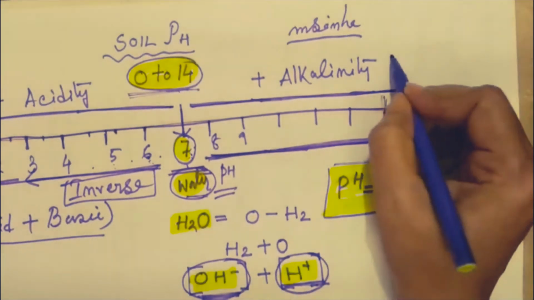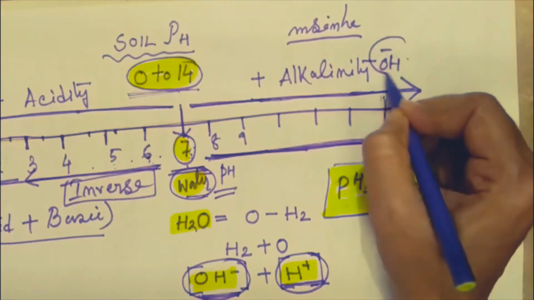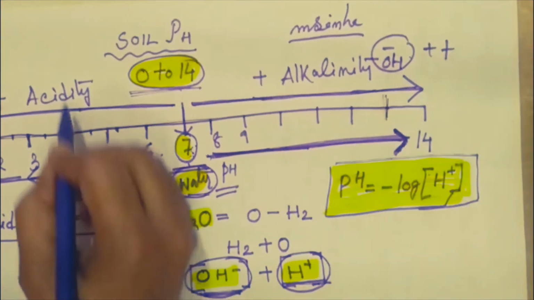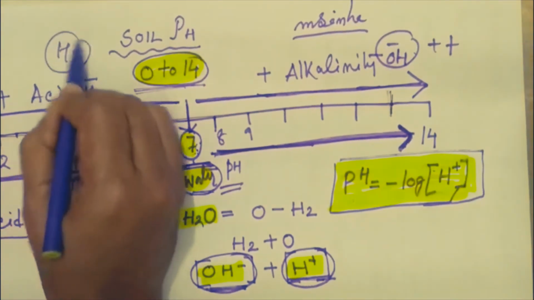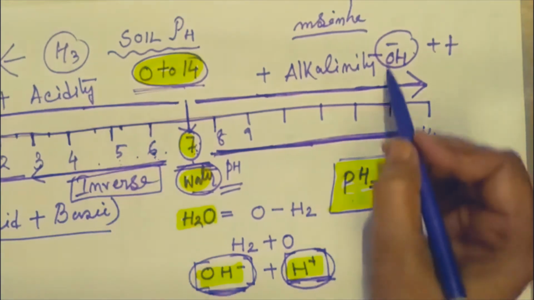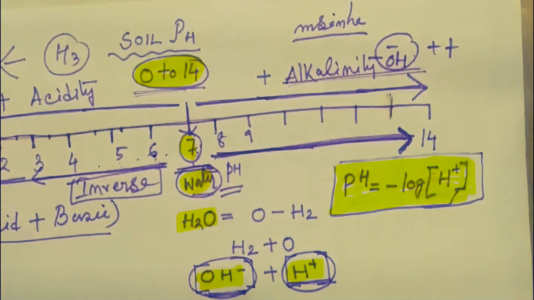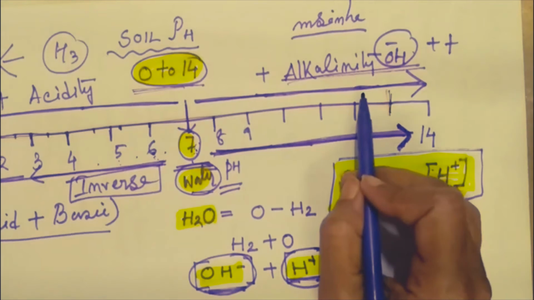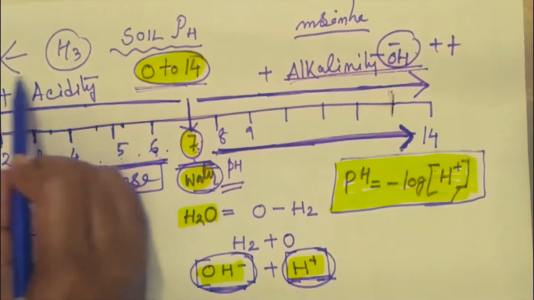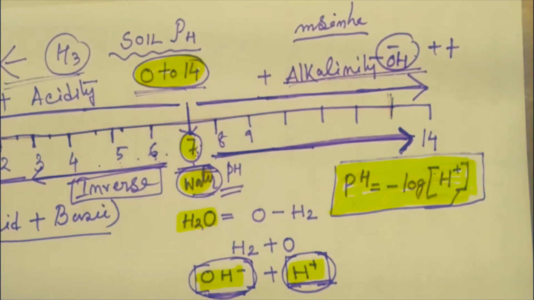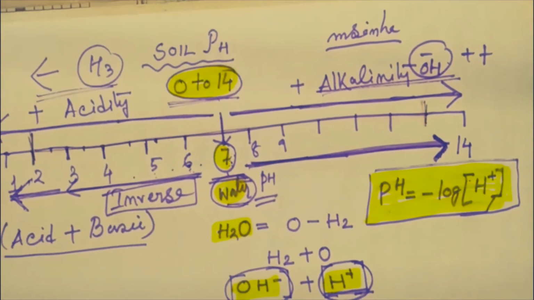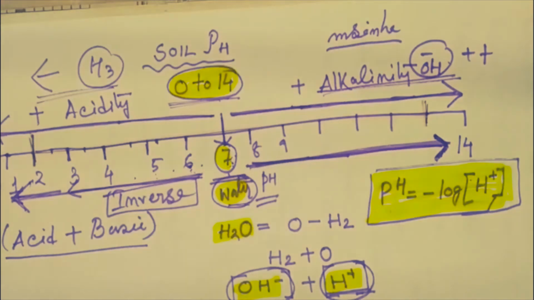OH ion concentration increases on the right hand side and H3O ion concentration on the left hand side. OH minus ion is responsible for soil alkalinity, and hydrogen ion concentration is responsible for the soil acidity. This is the basic theme of soil acidity and alkalinity.